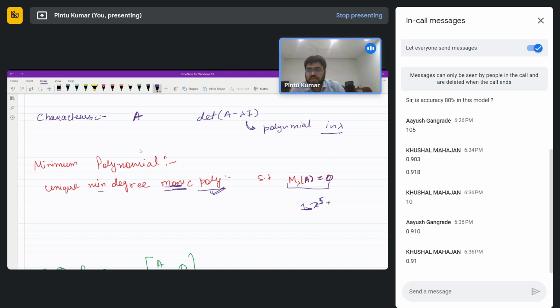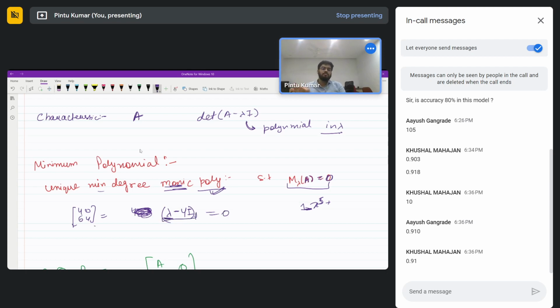For example, let's take some simple example. Let's say this is 4, 4, 0, 0. Then if you look at this, lambda minus 4, if you look at this polynomial and you put this matrix in it, then you will get 0, right?